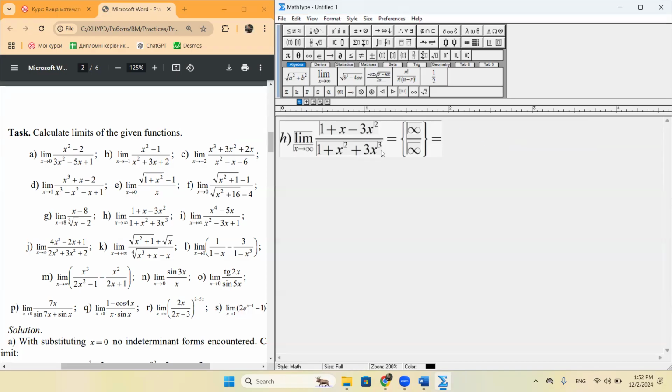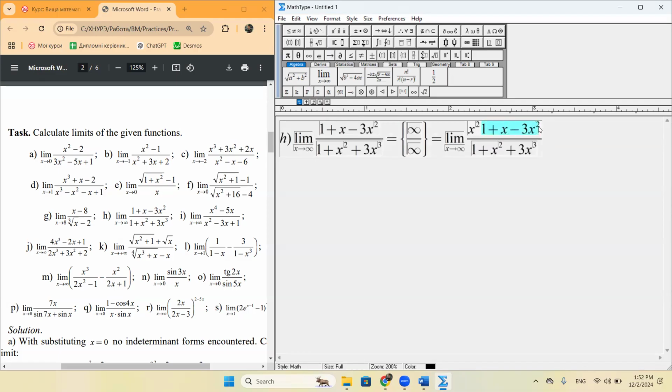we need to move the highest power out of brackets. And we will do it both for the numerator and for the denominator. So, moving x in power of 2 out of brackets here.